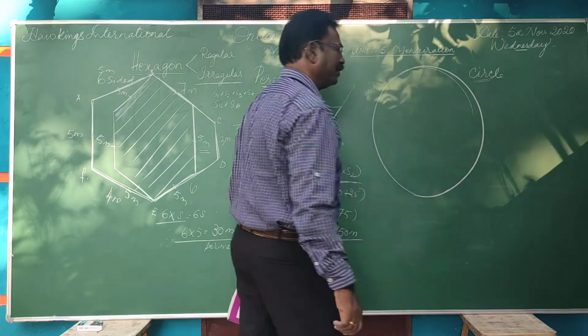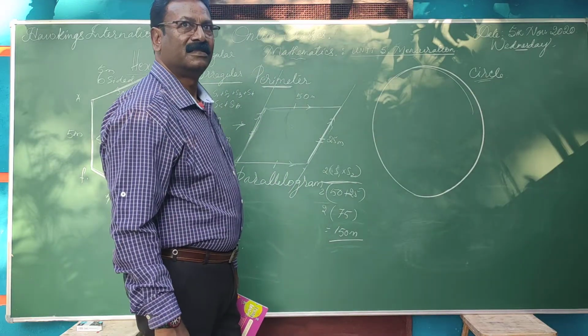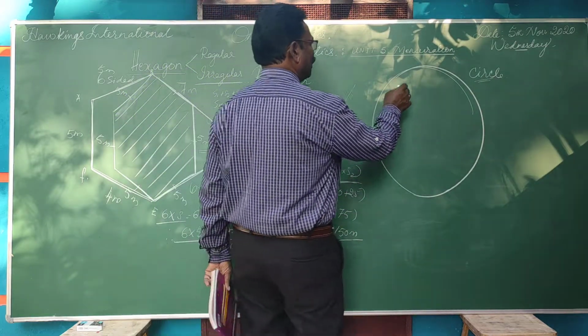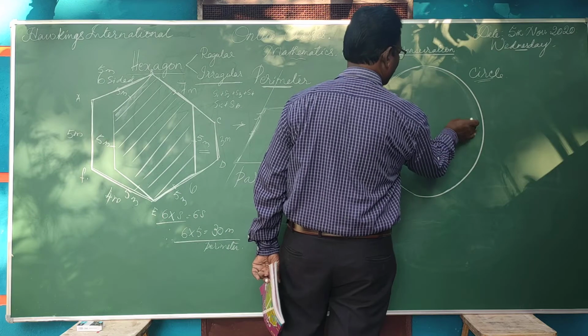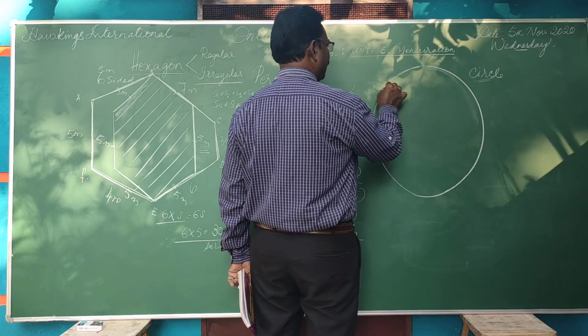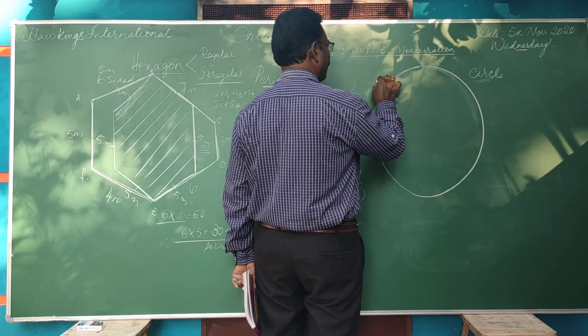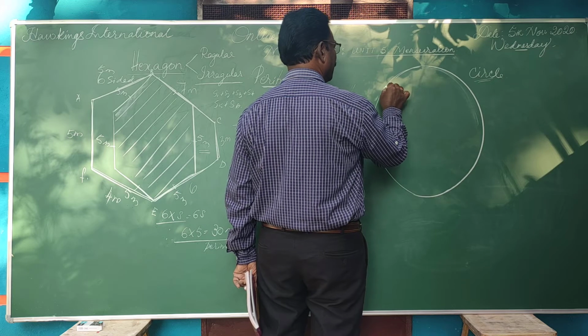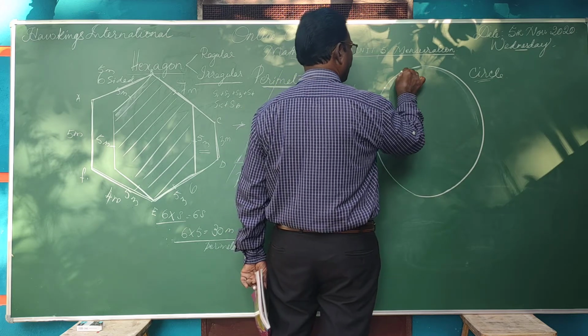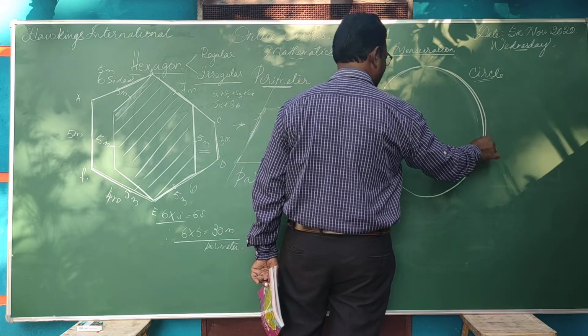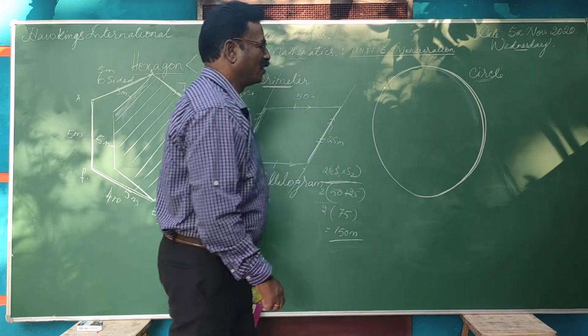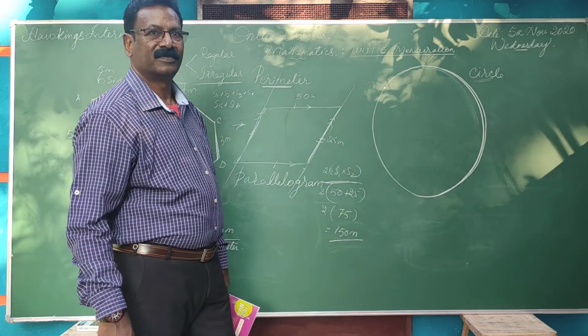So what about the perimeter of a circle? For a circle perimeter, you have to just measure with the help of a technique. For example, you keep a starting point here and measure with the help of ropes. Okay.